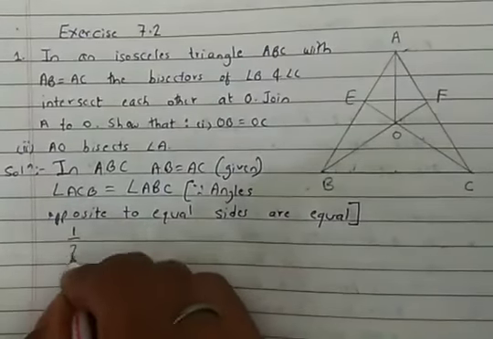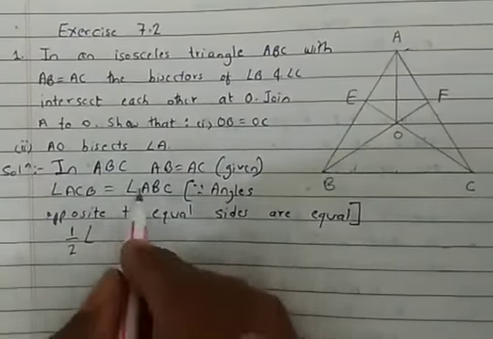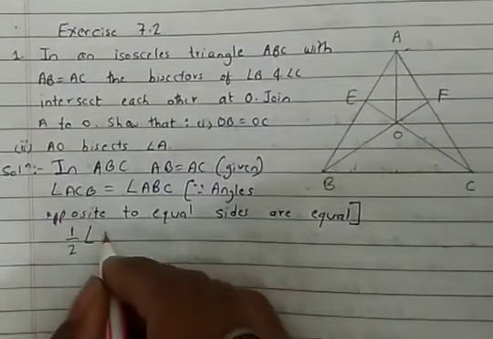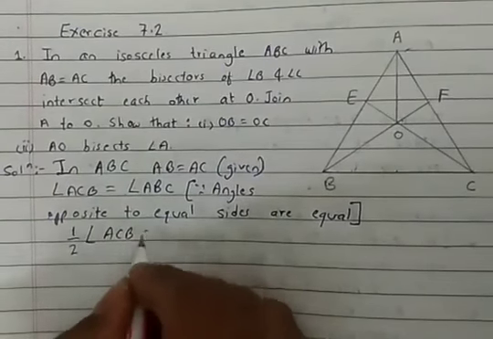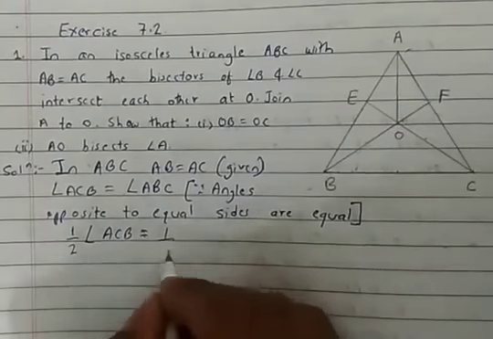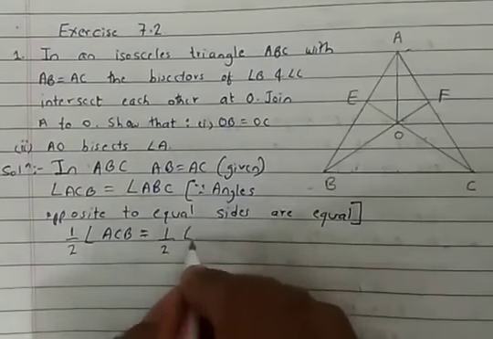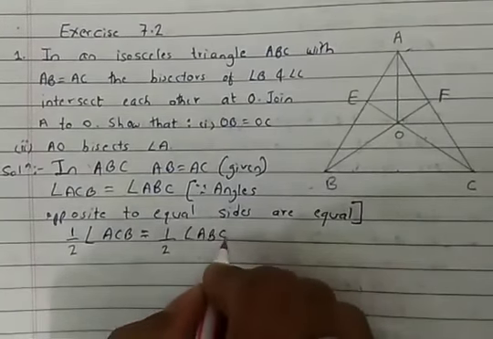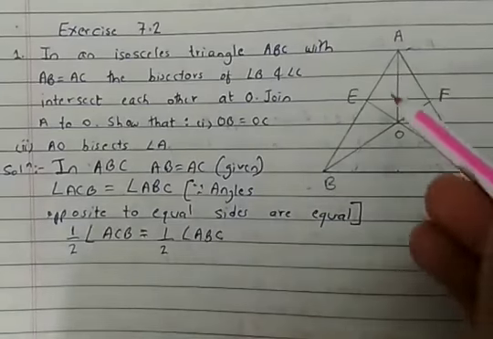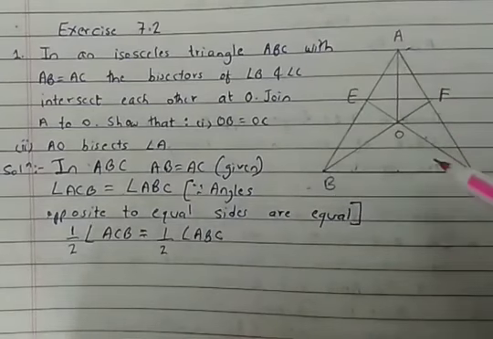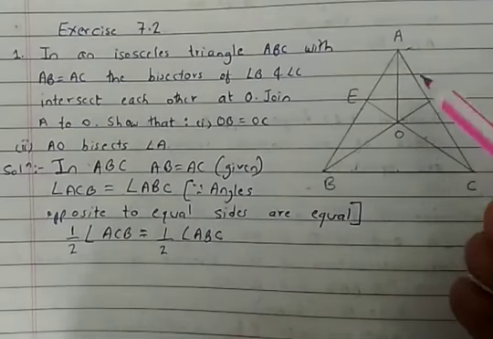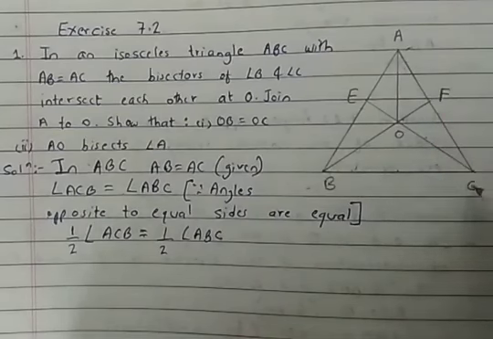Now if you add 1/2 on both these sides, what will be the equation? Now half of ACB is what? ACO, since C is being bisected, right?